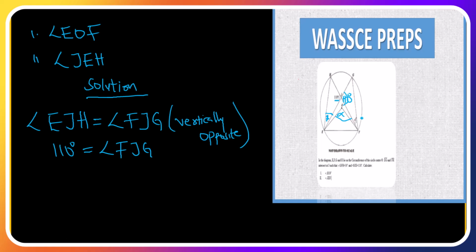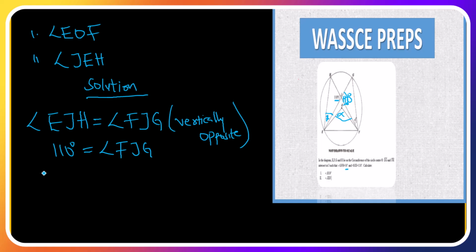Now from triangle FJG, the summation of the interior angles should give us 180 degrees. We know this angle to be 110. We're also given the angle GFJ to be 30 degrees.